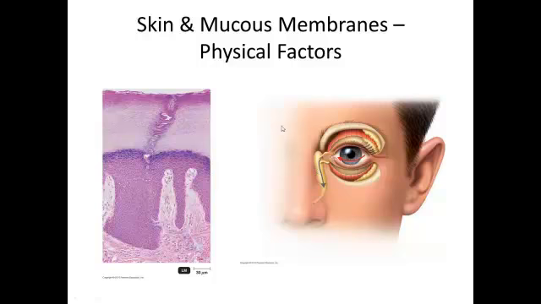Now, let's talk about your sinuses once the tears hit your sinuses. Your mucous membranes are different from your skin in that the outside layer is usually 1 or 2 cells thick. They're not dead. They're not keratinized, because one of the jobs of your mucous membranes is to absorb. It's on the inside of your body.